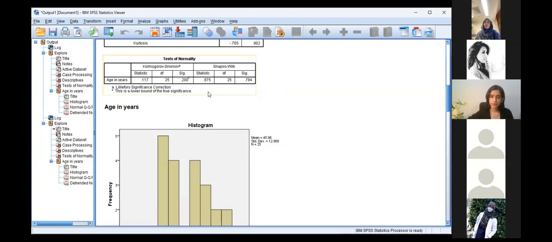This is a test for normality. Whenever the p-value of your Kolmogorov or your Shapiro-Wilk test is more than 0.05, it means that your data is normally distributed.